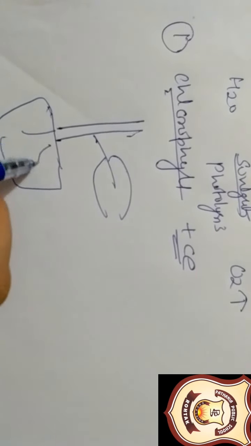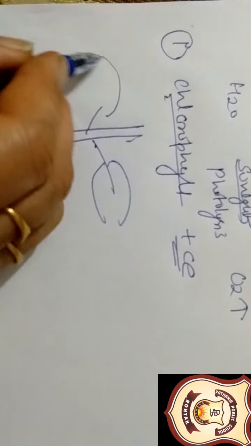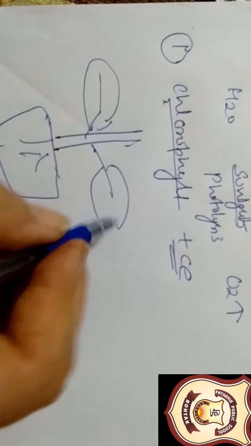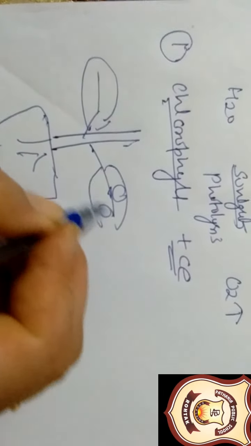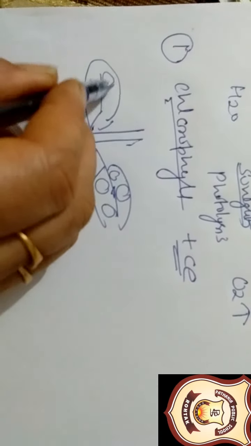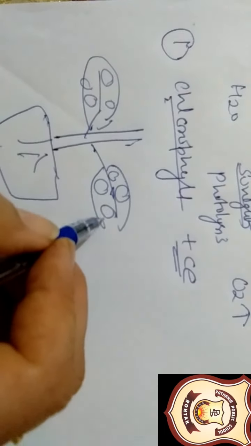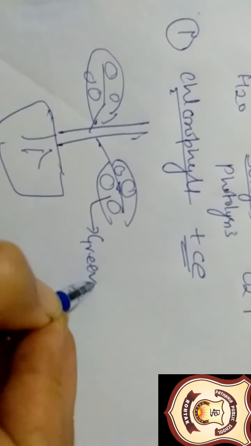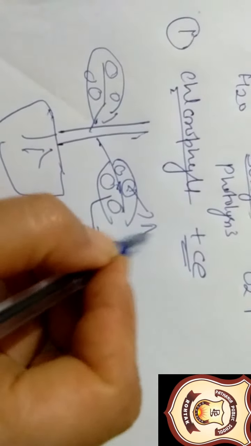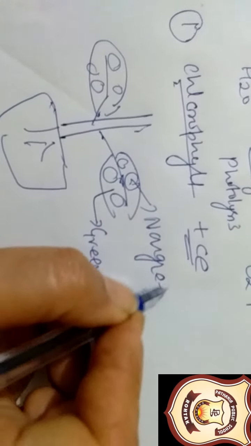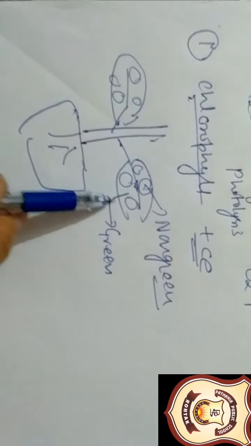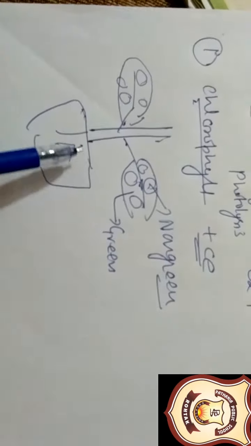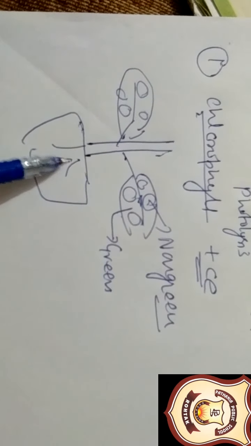Suppose this is the plant and it is a potted plant, these are the roots, and I have drawn only two leaves, and these are variegated leaves. Variegated means spotted leaves. So suppose this part is green and these parts are non-green. Okay, now we will perform the experiment by taking such leaves.